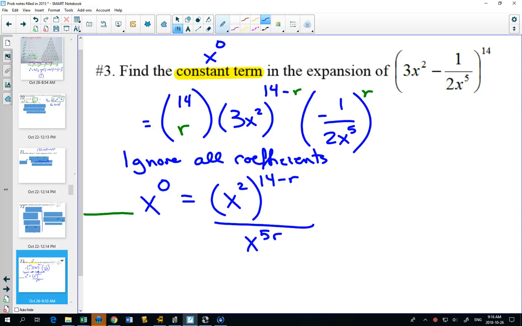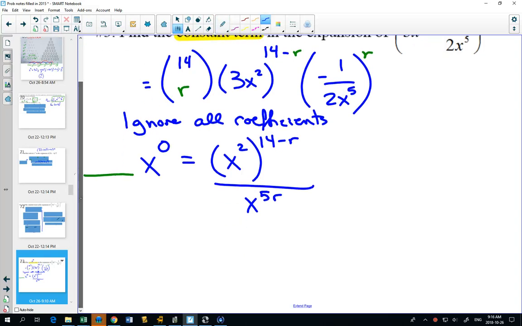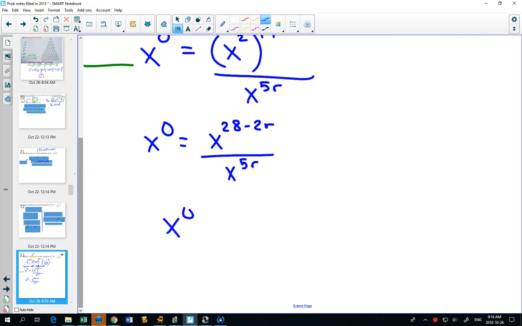We're just making it more complicated because we're using variables. And then we use our exponent laws to simplify this. On this side, still x to the 0. Can you see on top here you'd have 28 minus 2r, and on the bottom we still have x to the 5r. What's your exponent law when you're dividing powers? Subtract. So then if I subtract 28 minus 2r, subtract 5r, I'm going to get 28 minus 7r.